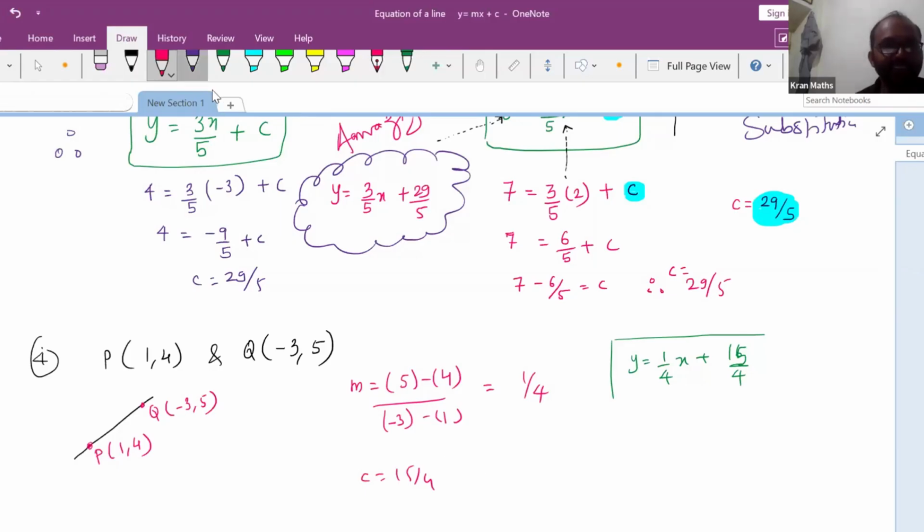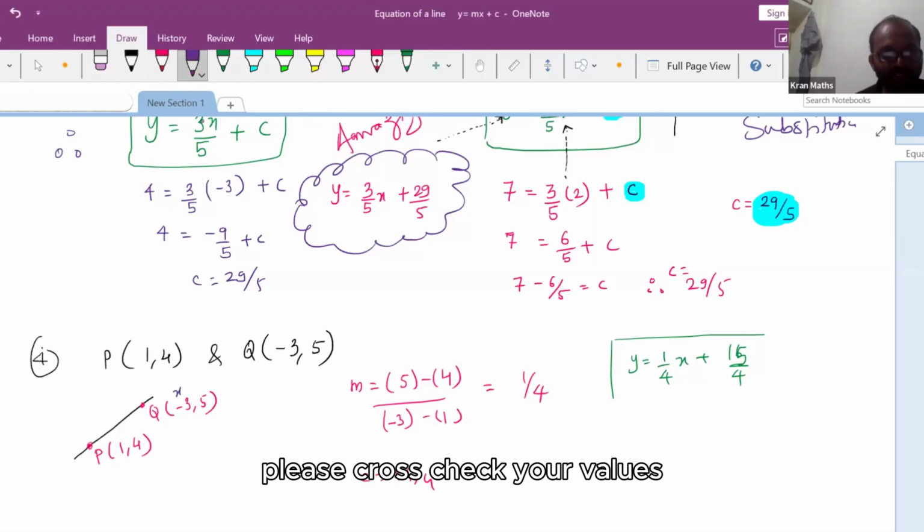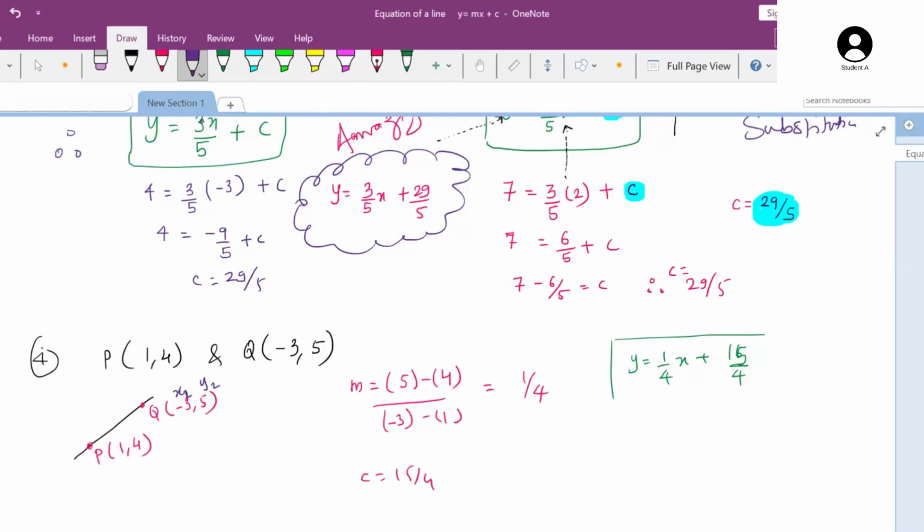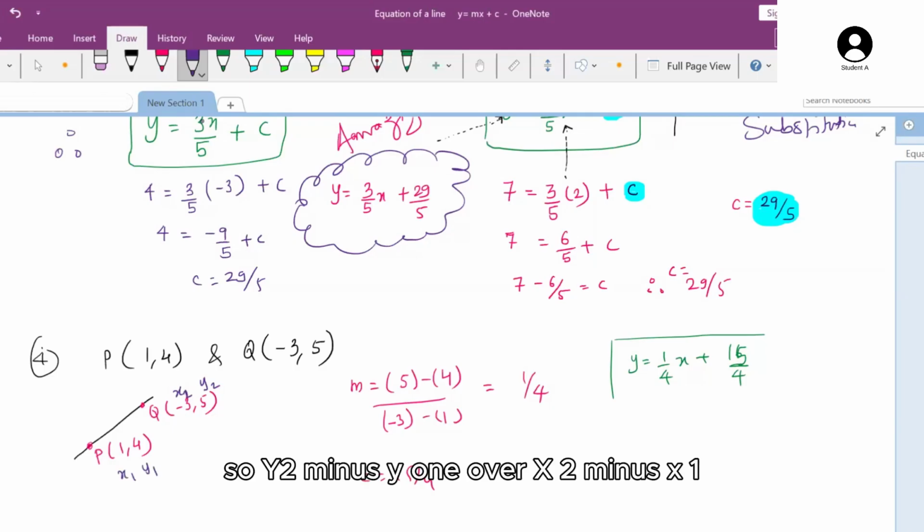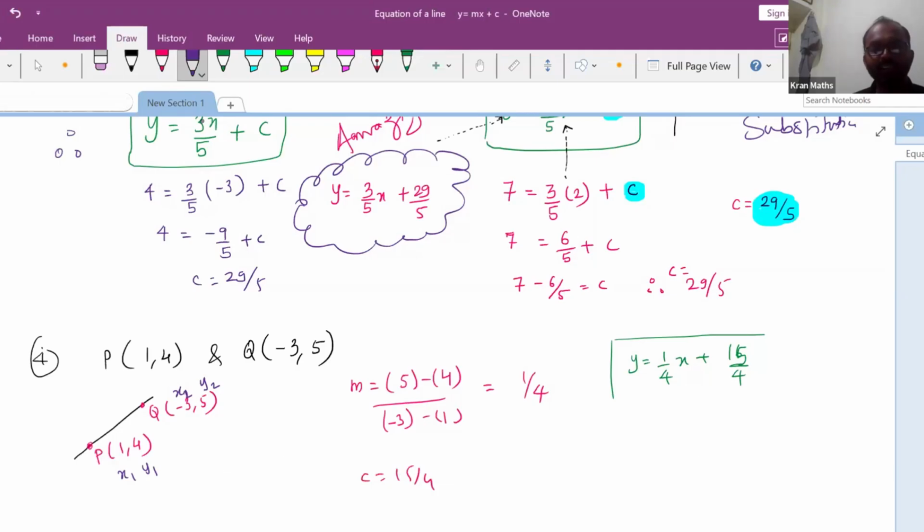Please cross-check your values. It isn't 1/4, okay?